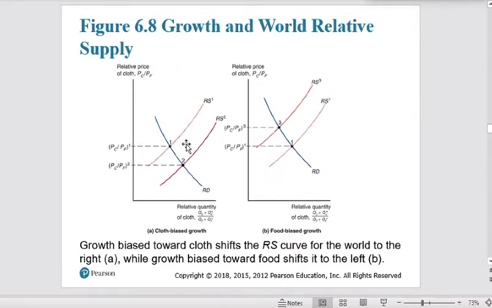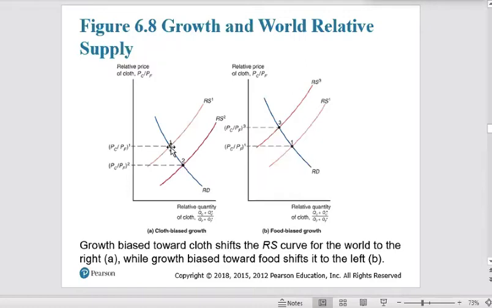And you see in panel A here, what happens is that if there's a biased growth towards clothes, the relative supply will shift to the right, right? It will result in a new relative price that is lower. You see the price is lower here. 0.2 is lower than 0.1.